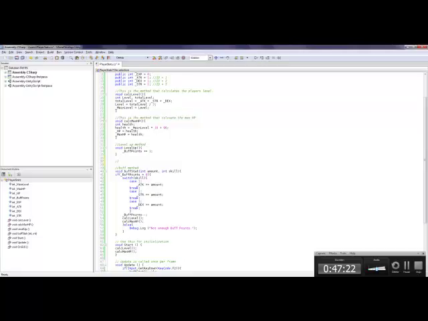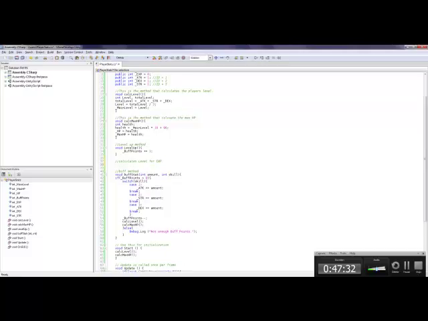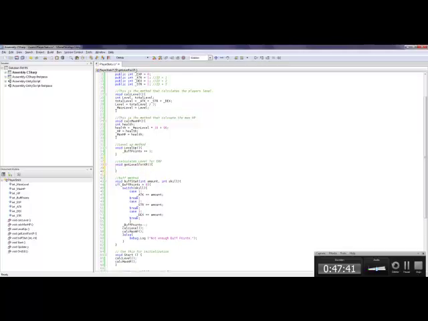So, calculates level for EXP. Then void get level for XP. And then let's just get it to divide our total EXP by 125 for now.